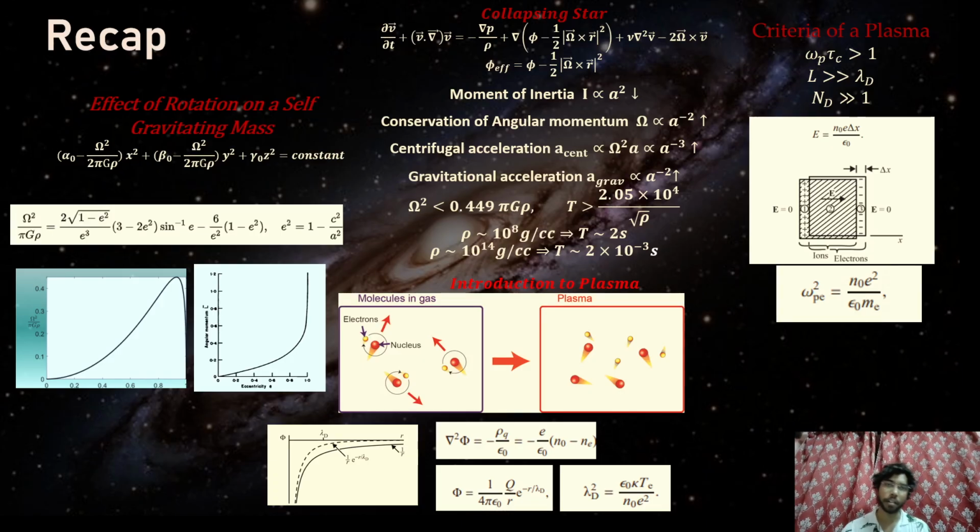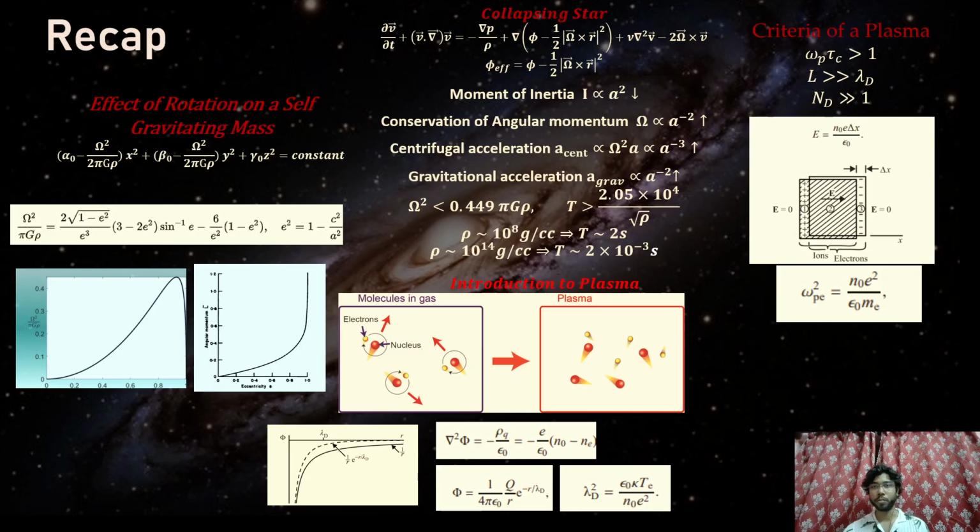Now, the effect of rotation is not important in normal stars because this omega cross r term, the centrifugal term, is very small compared to phi. But in the case of a collapsing star, this is not the case. The moment of inertia is proportional to a square, where a is the radius of the star.